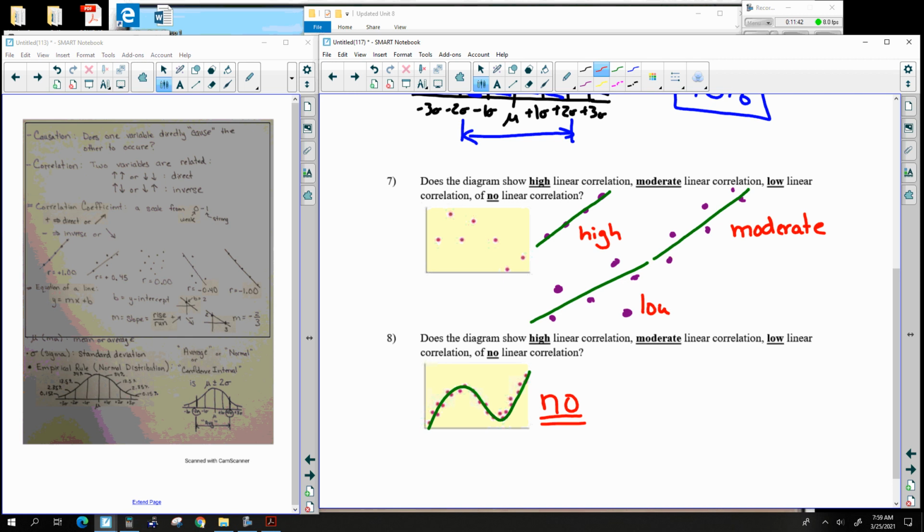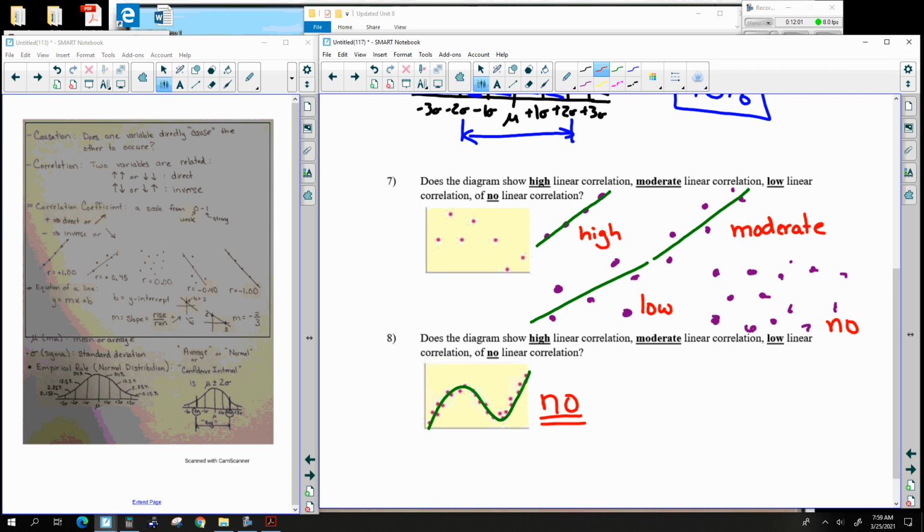So that would be considered to be low. And then no correlation is just, it's not a line. The dots are just all over the place, and that would be no correlation, where it's not a line or the dots are just random.